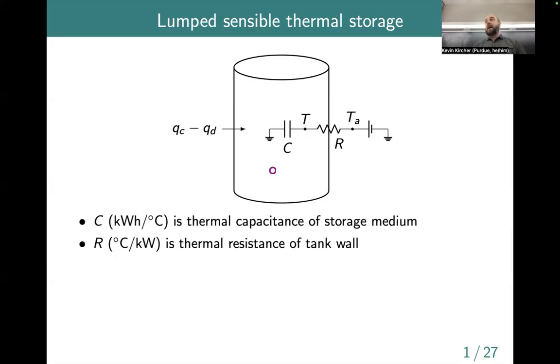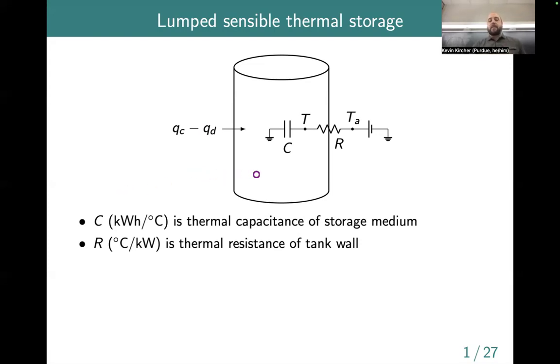You make it hot when the efficiency of your heat pump is high, or when electricity prices are really cheap. And then later, when efficiency is low or electricity prices are high, you run a working fluid through the storage medium to absorb some of that energy and then use it for heating later.